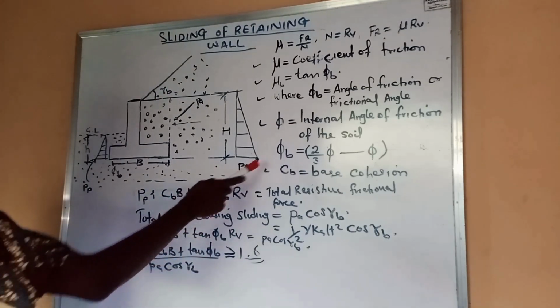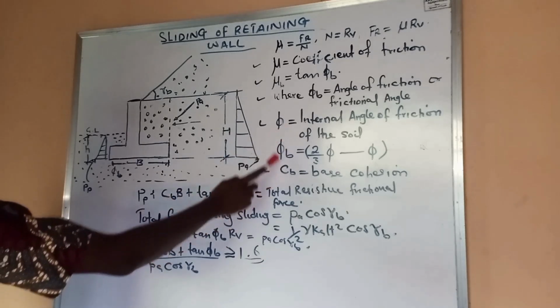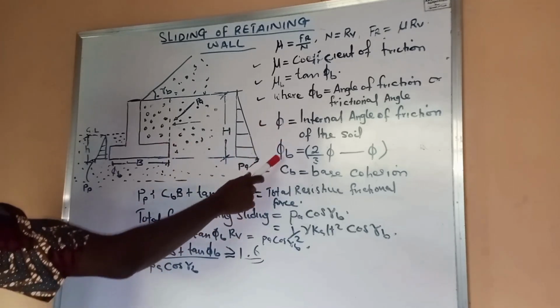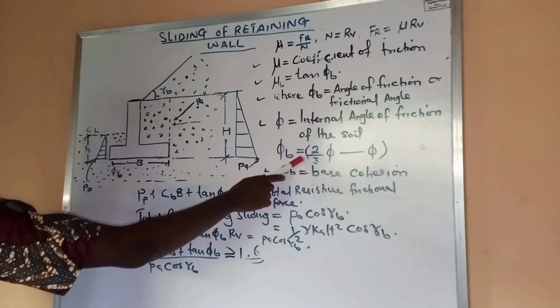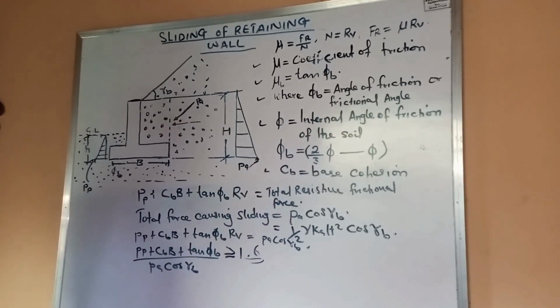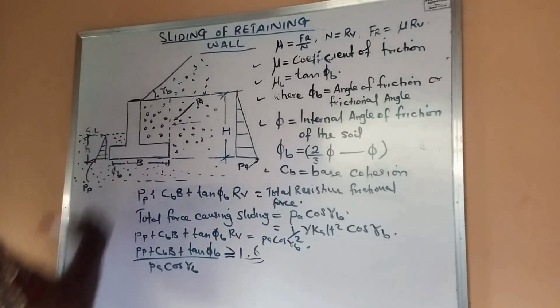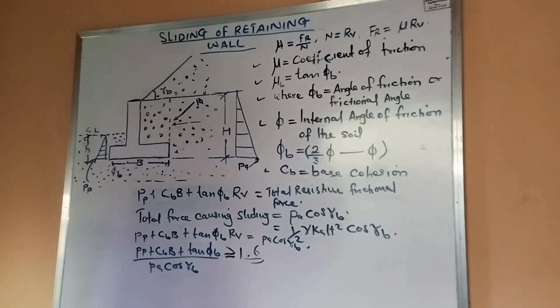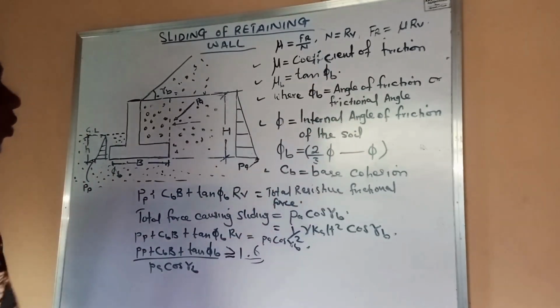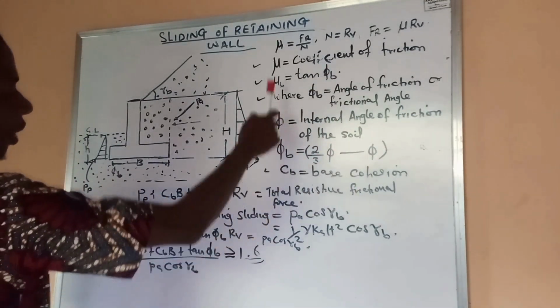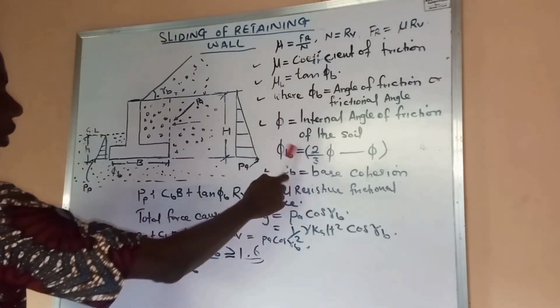Let's say the frictional angle phi b at the base is equal to 2/3 of the internal angle of friction of the backfill, or you can say it is equal to the internal angle of friction. So within this range, you can pick the frictional angle.